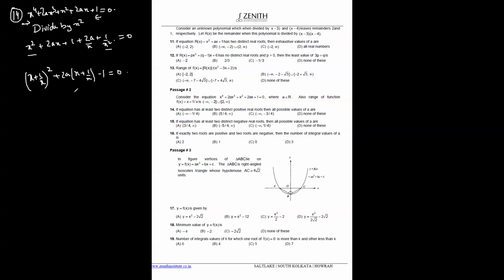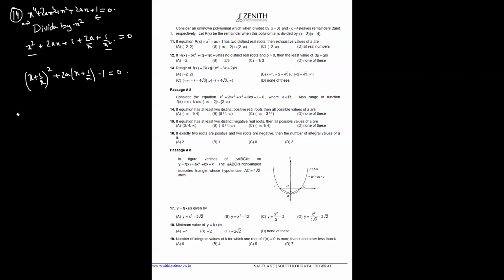So what's the condition for a quadratic to have both negative roots? Actually no, that won't work anyway. x plus 1 by x will be positive if x is positive, and negative if x is negative.